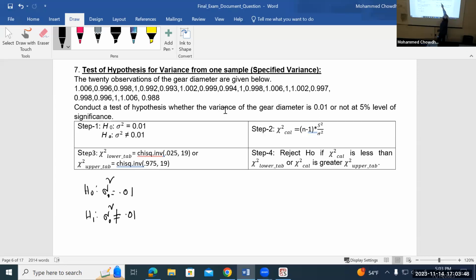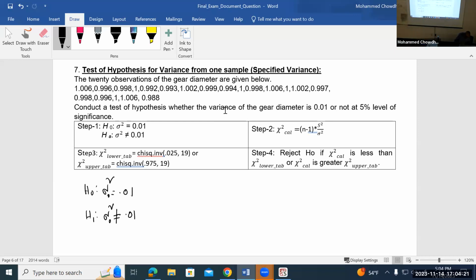It is not written greater than or less than, so the alternative hypothesis is not equal to. Not specified, right? So that is why I put it in this format.